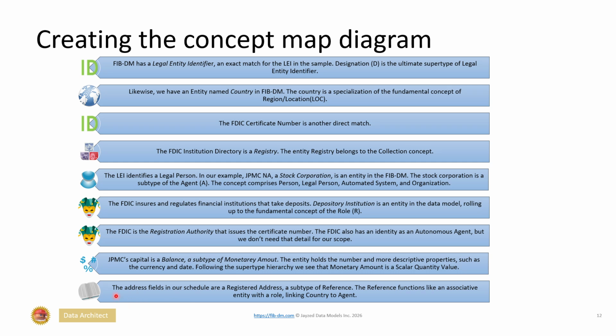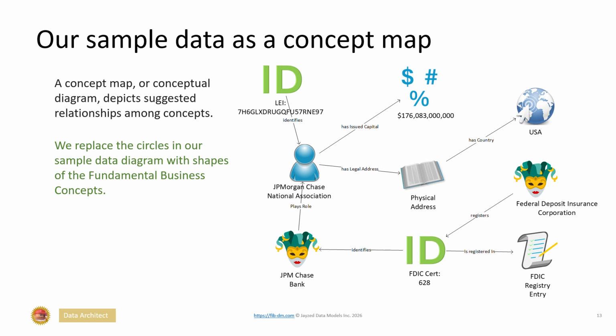Finally, the address field in our schedule is a registered address, a subtype of reference. So then in the next step, we simply replace the circles with the conformed icons of the concept.